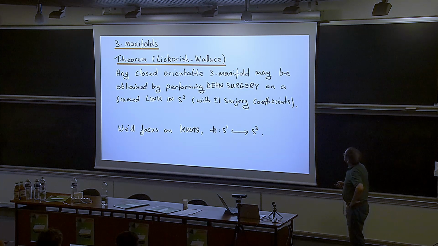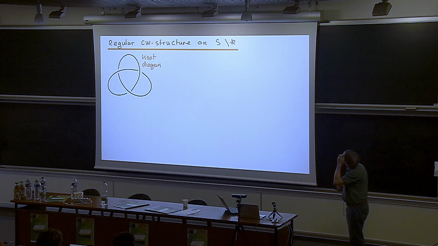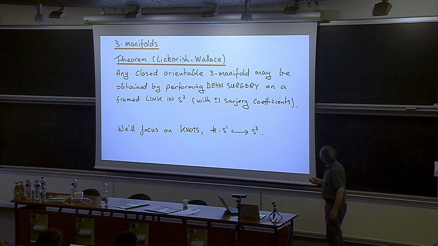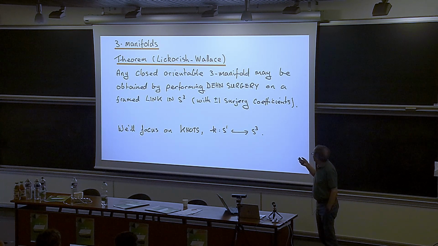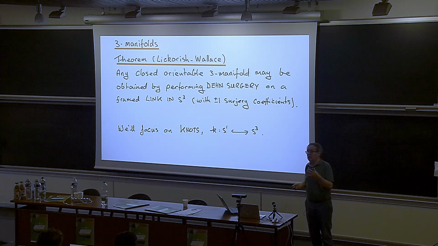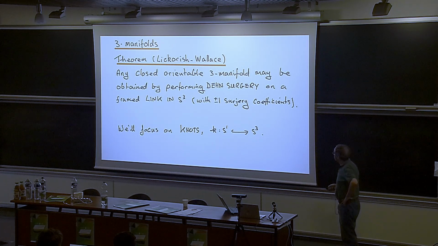So I have to say what Dehn surgery is. But before that, I have to explain an efficient way of producing a regular CW structure on a knot complement. So that's what I'm going to start off talking about.